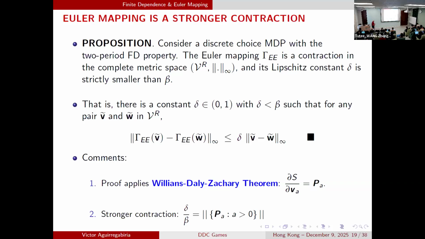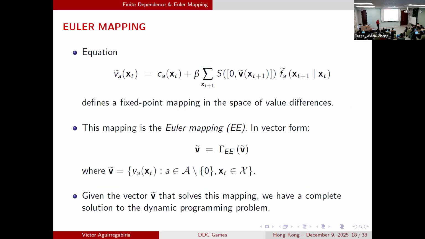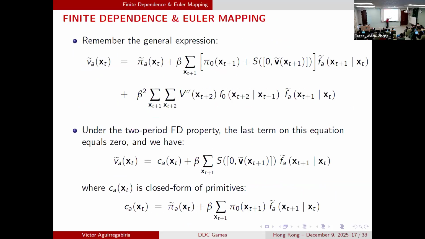This is the key result under two-period finite dependence. For any distribution of epsilon, this applies to any continuous distribution of epsilon, not only the logit model. This is a general property of this mapping when we have the social surplus function here.